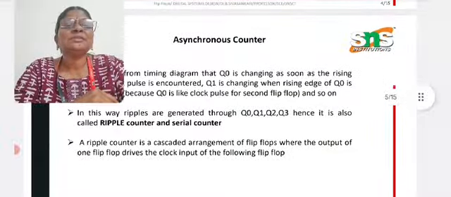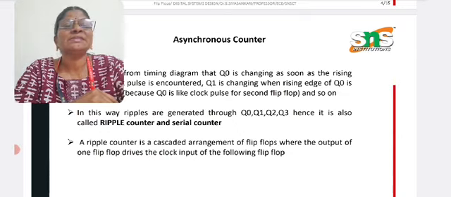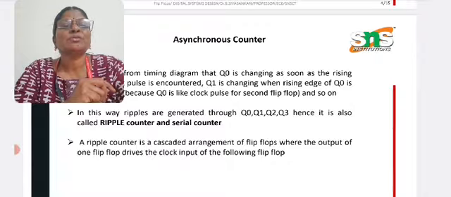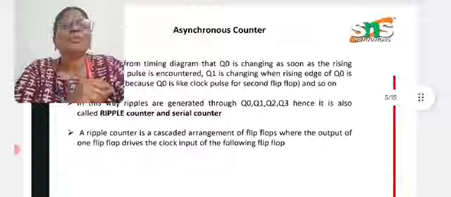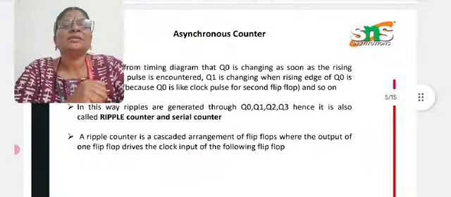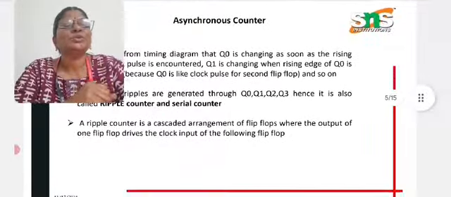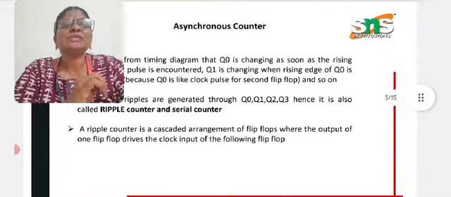From the timing diagram, Q0 changes as soon as the rising edge of the pulse is encountered. Q1 changes when the rising edge of Q0 occurs, because Q0 is like the clock pulse for the second flip-flop, and so on. In this way, ripples are generated through Q0, Q1, Q2, Q3. Hence, it is also called a ripple counter and serial counter.